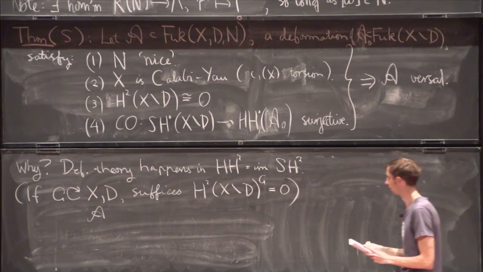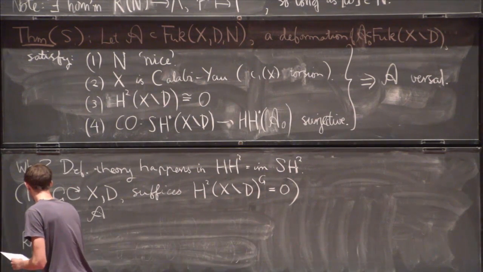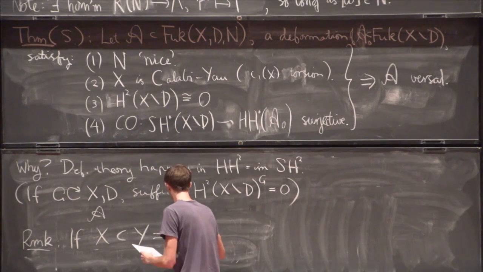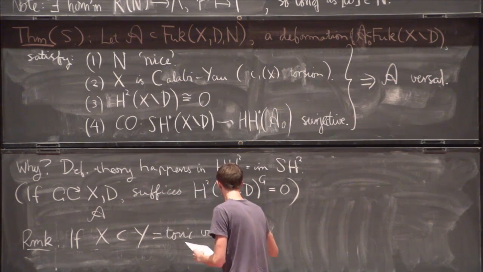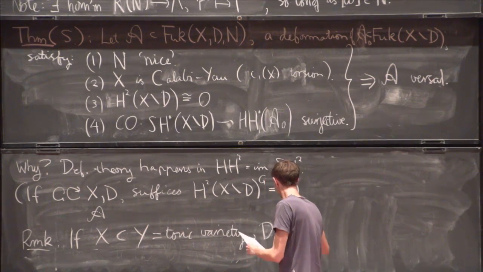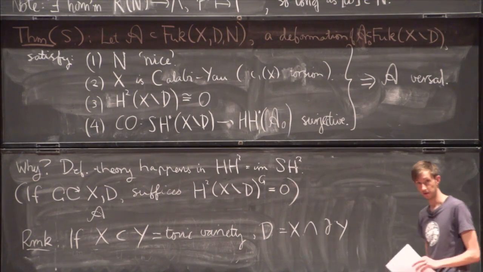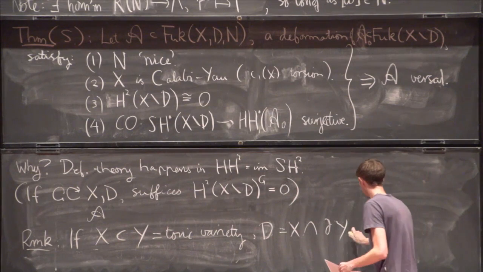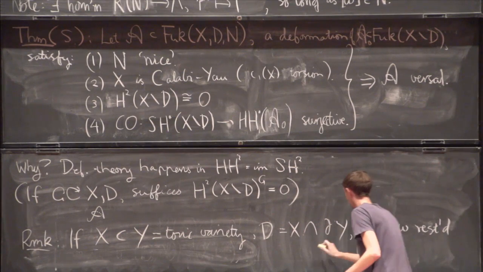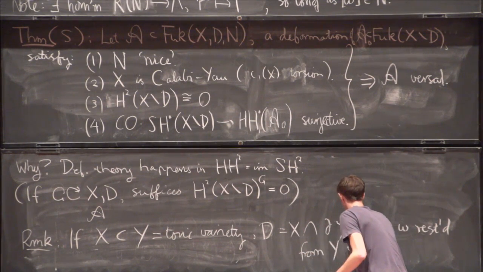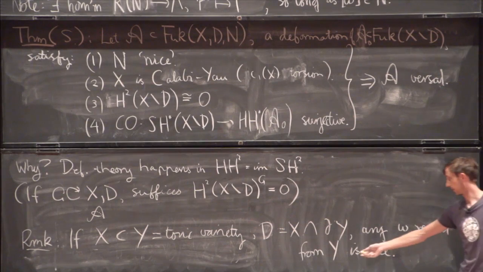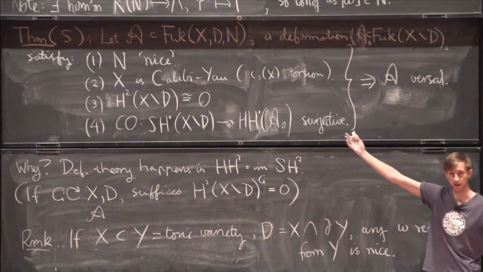But if X is sitting inside a toric variety, and our divisor is the toric boundary divisor, then any Kähler form which is restricted from the ambient toric variety sits inside a nice cone.